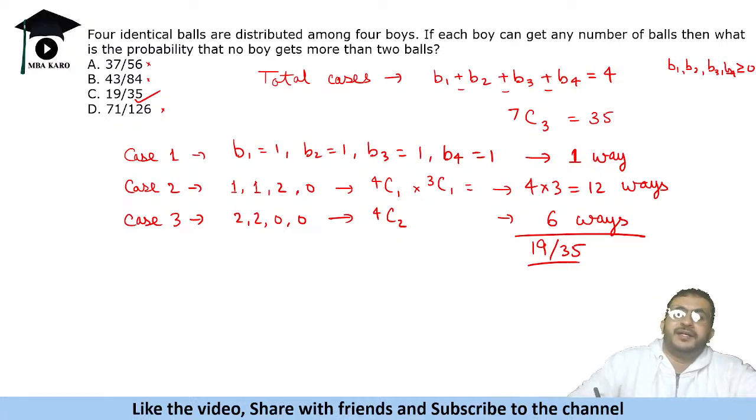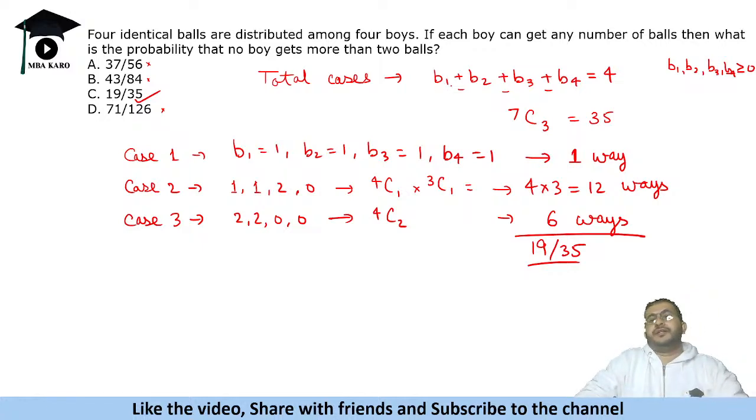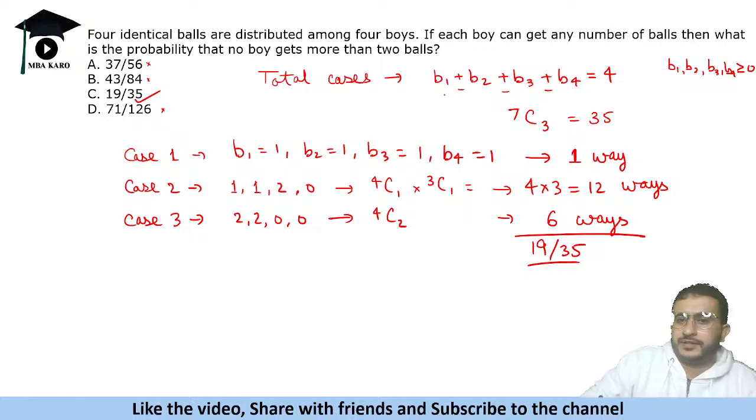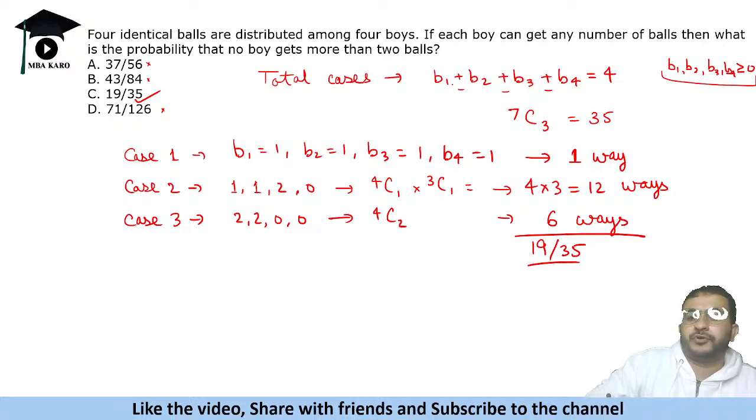How did 7C3 come? See, when there is an equation like this, if you have a distribution and you have this sort of equation, the number of solutions of this equation is given by this, and the solutions should be non-negative. To find the number of non-negative solutions, here it is 4. Count the number of additions in between, 1, 2, 3 signs.